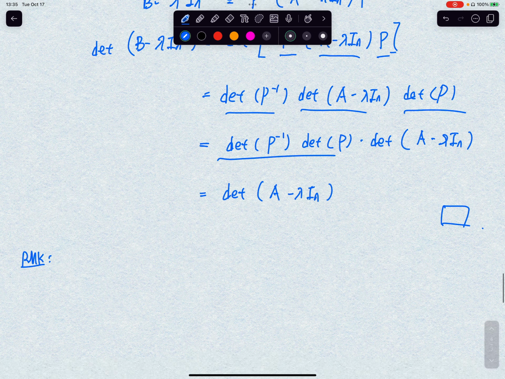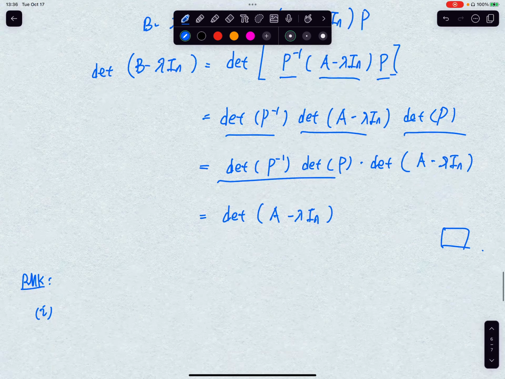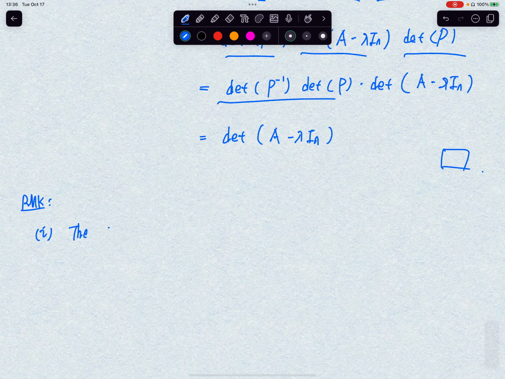Remark. First, note that in this theorem, we know that if A is similar to B, then they have the same characteristic polynomials, hence the same eigenvalues with the same multiplicity. But having the same characteristic polynomials and the same eigenvalues with the same multiplicity does not necessarily mean that A is similar to B. So yes, the converse of Theorem 4 does not hold in general.